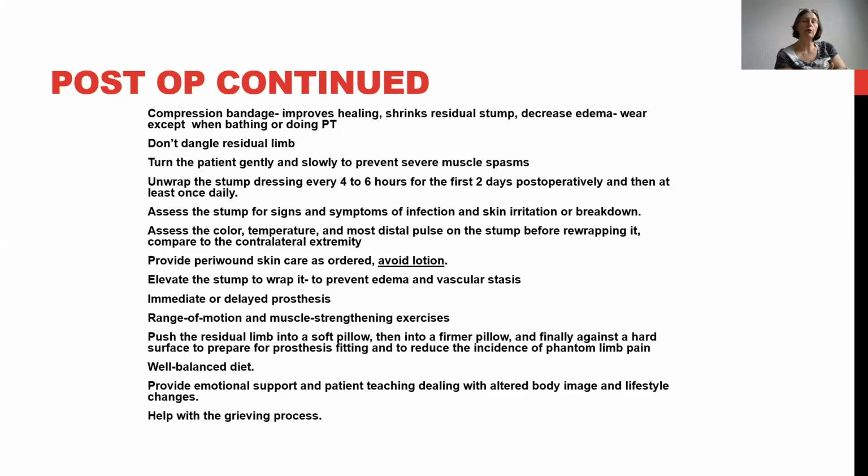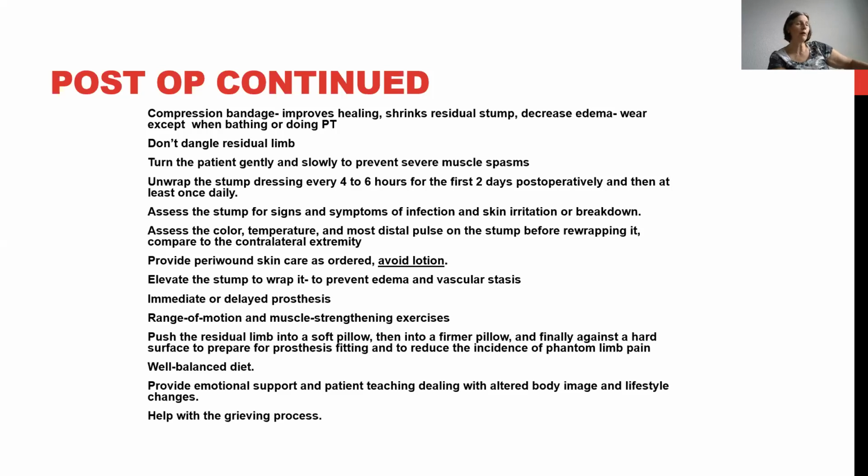We're going to check the pulses, the closest pulses to the extremity that's been amputated. Your PowerPoint that's posted for you says the most proximal pulse on the stump. This says distal pulse. What I mean is the pulse site closest to your amputation. So if I do an above the knee amputation, the closest pulse site would be the femoral.